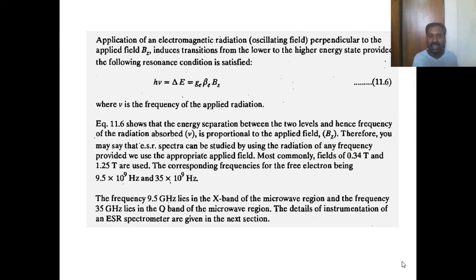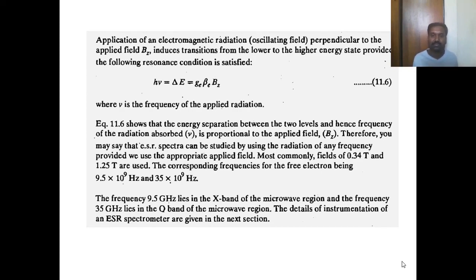As I told you, the delta E is not absolute, it is relative to Bz. You can record the spectrum either by keeping the Bz constant and sweeping the microwave region to see where the absorption occurs, or you can keep the frequency of the applied radiation identical and keep sweeping the field to see where the resonance or absorption happens.